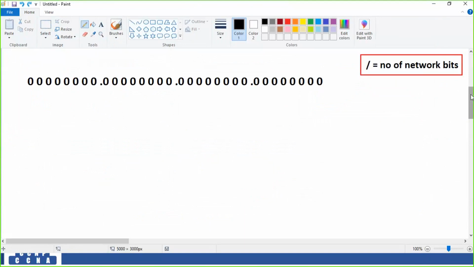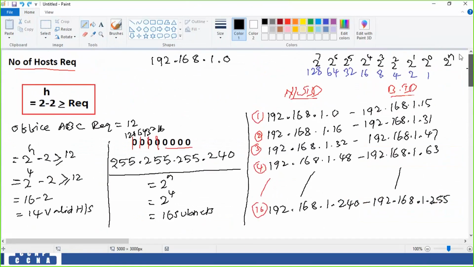For this, we find the subnet network IP, so the subnet mask will be 240 only, right? Yes, for all subnets, the subnet mask will be fixed.